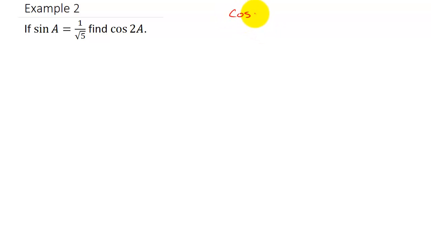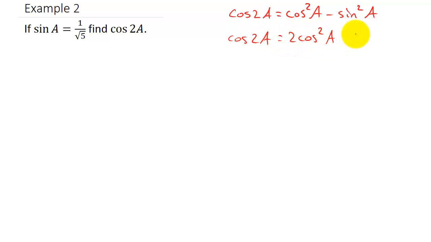So I know cosine 2a is equal to cosine squared a minus sine squared a, and cosine 2a is equal to 2 cosine squared a minus 1, and cosine 2a is equal to 1 minus 2 sine squared a.